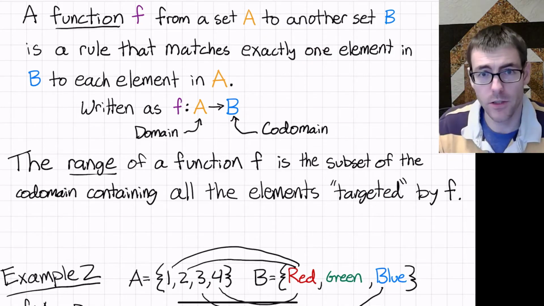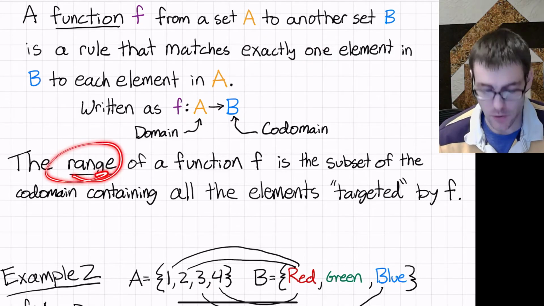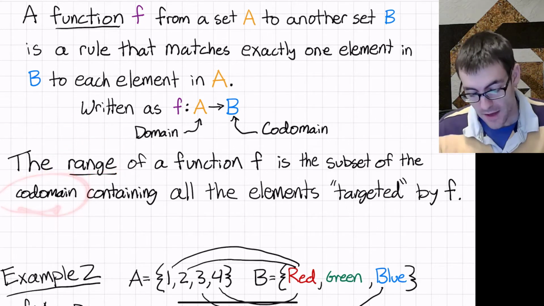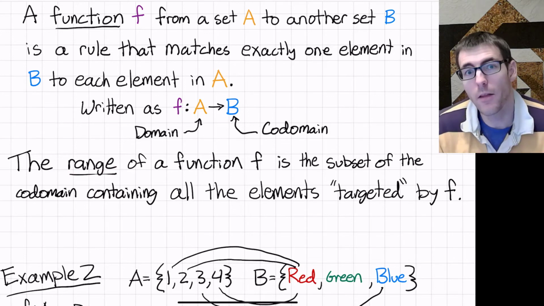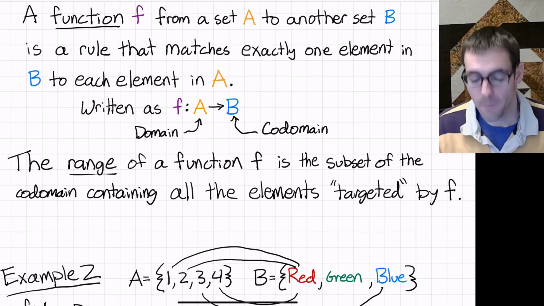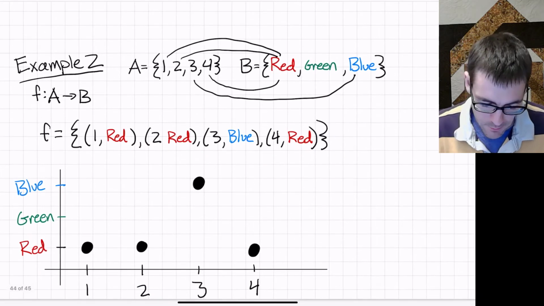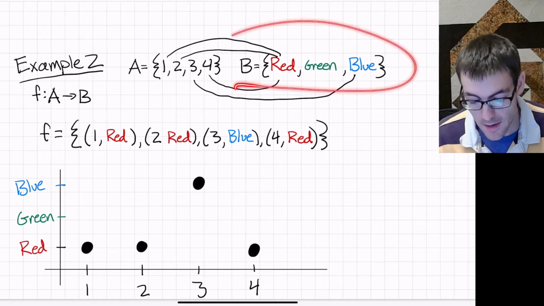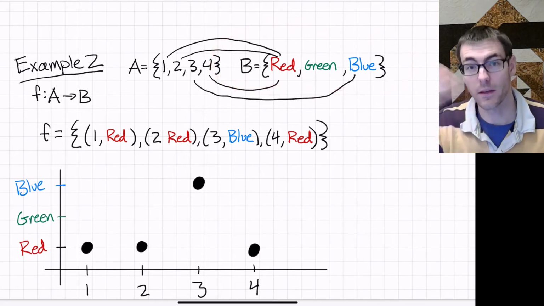One more definition I want to mention is that the range is a subset of the codomain that consists of all of the elements that are targeted, that is, the result of the function f. Looking at our example 2, the codomain is the entire set B, which contains red, green, and blue.